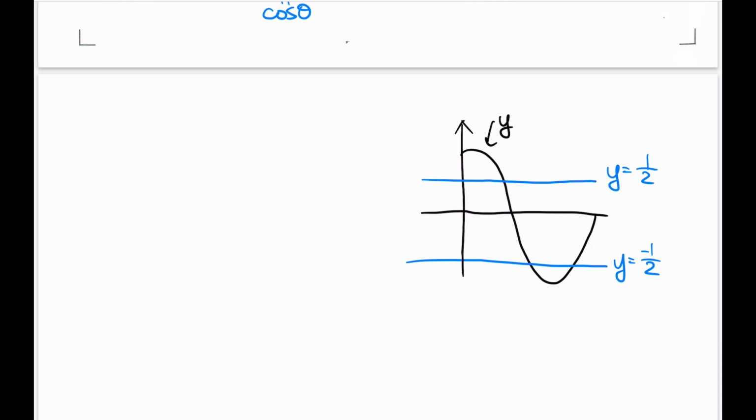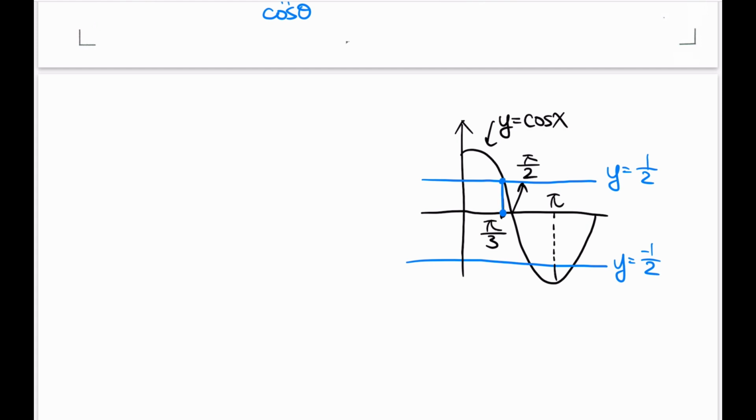The black curve here is the graph of y equals cosine x. The value here is the angle that makes cosine equal to 1/2. So this is equal to pi over 3, and we know that it is pi here and pi over 2 here.